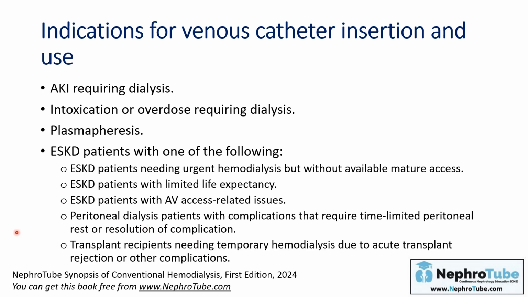Also in transplant recipients who also have complications as rejection, there may be a need for temporary hemodialysis till the treatment of this rejection or other complication. So in all of these patients, venous catheter insertion and use is indicated.